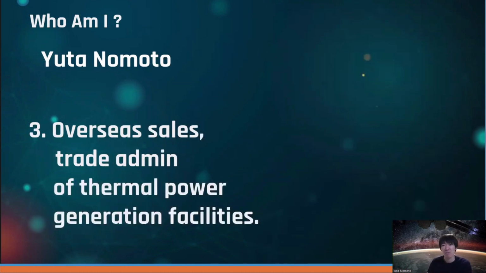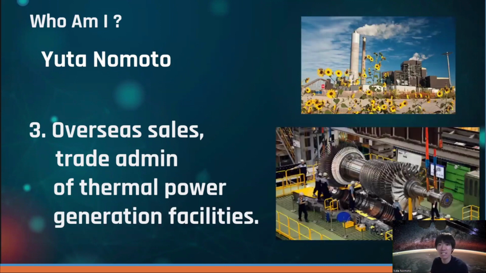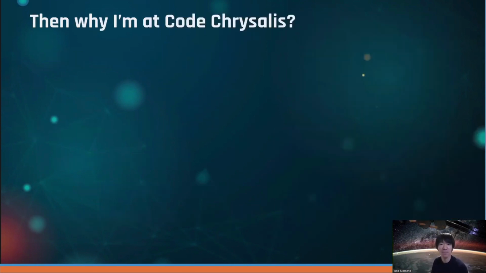Lastly, I handled international trade business, especially for thermal power generation facilities. I was mainly in charge of handling the business in the United States, and this is almost the same product we provided to the utility companies. It is very huge and sometimes takes more than a year to make.